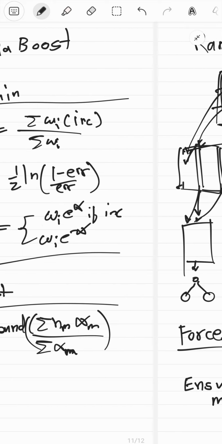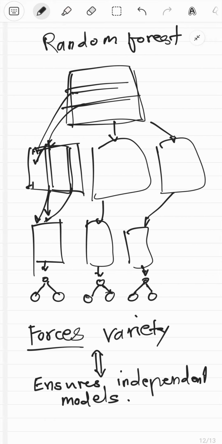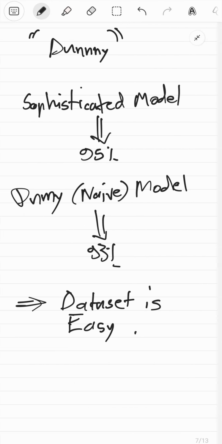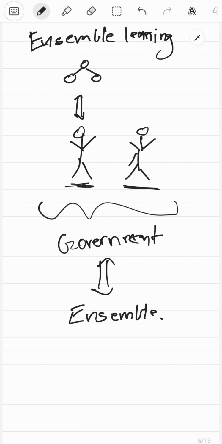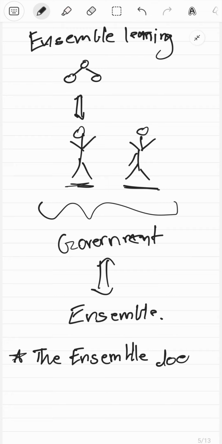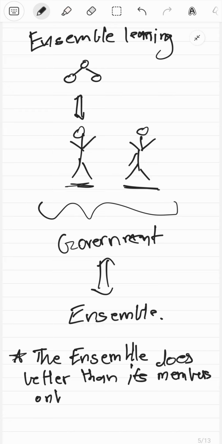So just as a side note, what we can say is that ensemble learning only does better than its members only if the members are independent.